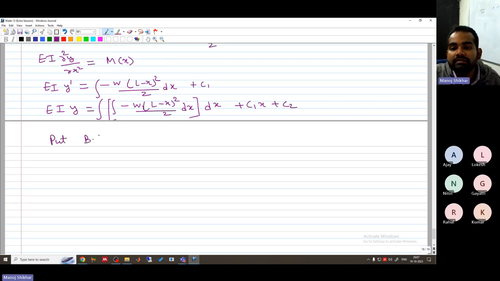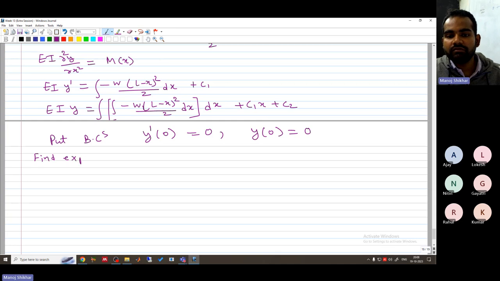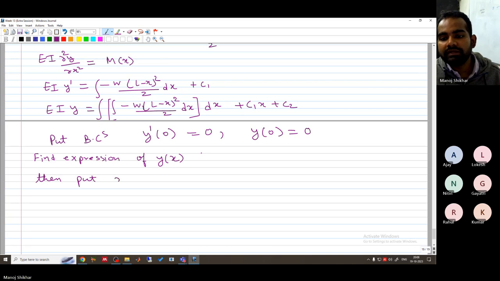Put boundary conditions y prime 0 equal to 0 and y 0 equal to 0. If we do that, we will be able to find the expression of y, y(x). Then put x equal to L. So y(L) equals the deflection of B.